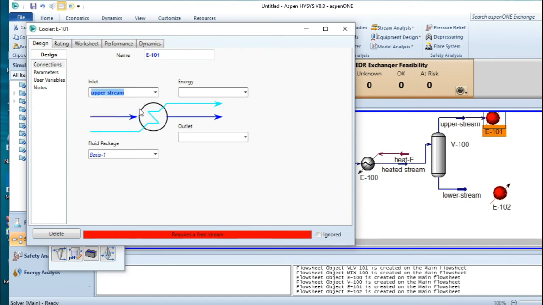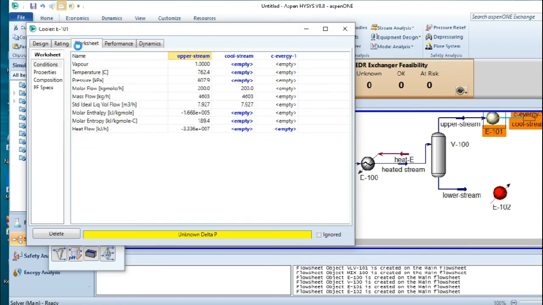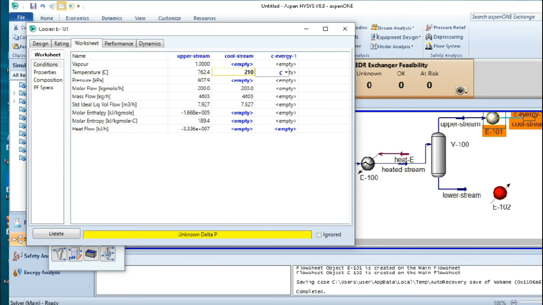This is for the upper stream, and the temperature is cooled to 210 degrees Fahrenheit.